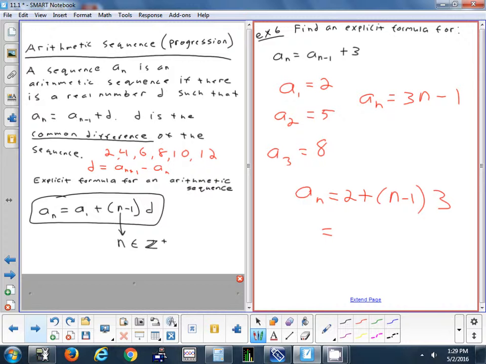Yep. Distribute the 3. And you'd get what? Yep, 3n minus 3. And lastly, what's 2 minus 3? So there's your formula without really having to try to figure it out in your head. This process makes it mechanical, I guess. You just plug in the first term, plug in d, and that's it.